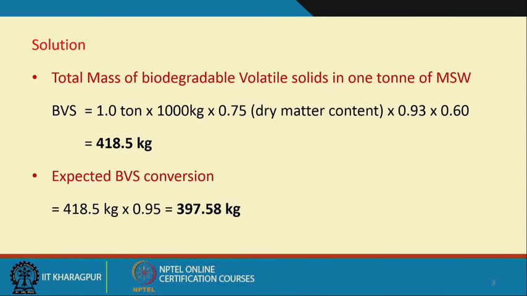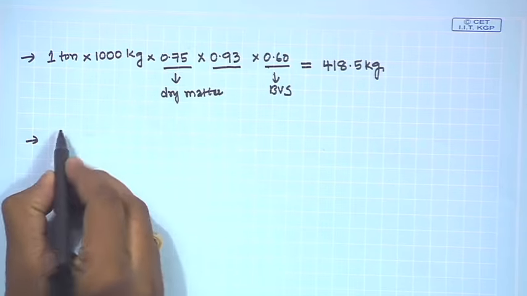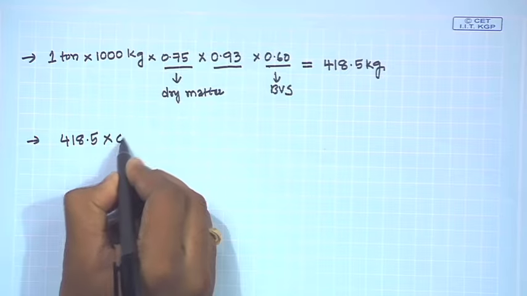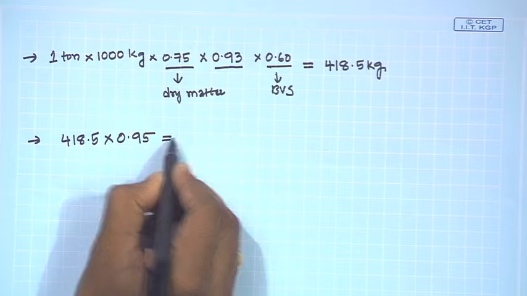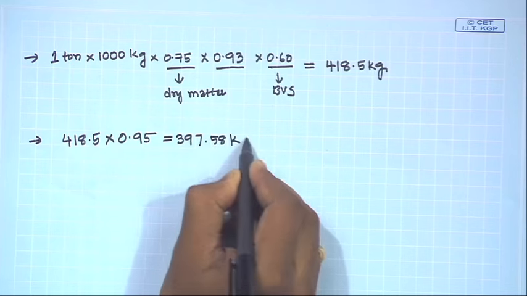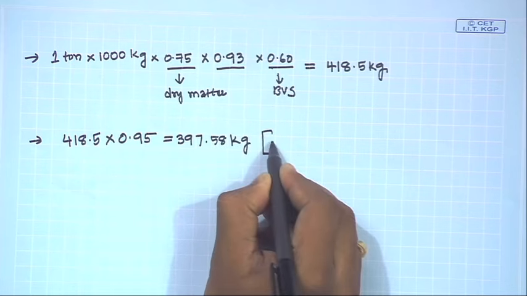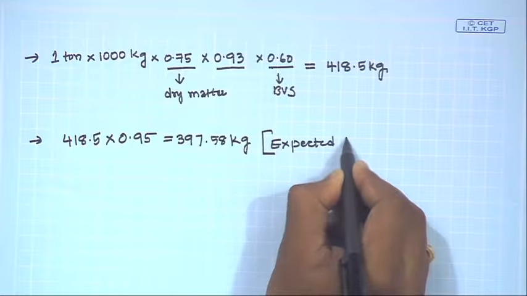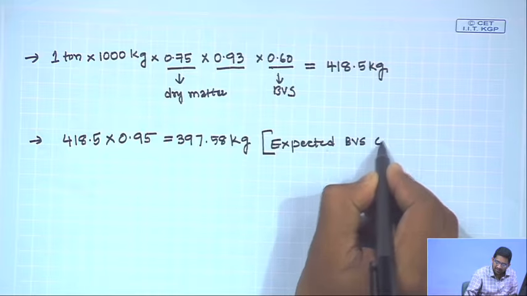So we take the 418.5 kg, the total mass of biodegradable volatile solids, multiplied by 0.95 to get the actual content. 418.5 into 0.95 gives 397.58 kg, which is the expected BVS content.